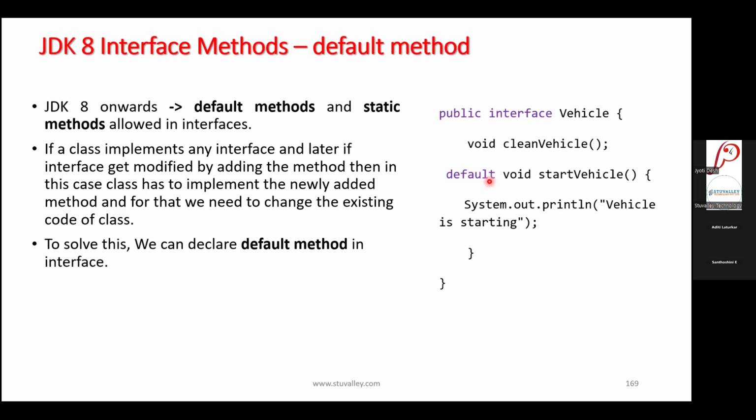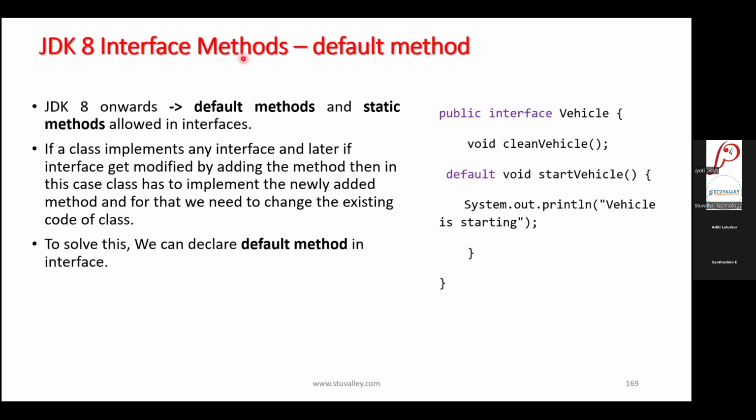It is not actually the access specifier. It is not related to access specifier. What we call default accessibility, visibility control, that is not this. This is completely different. Default is a keyword we have to explicitly specify to make this method a default method inside an interface.